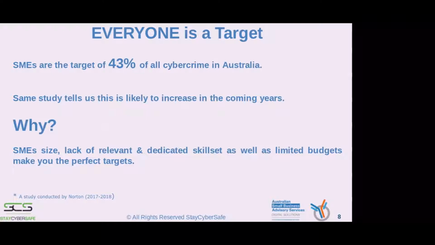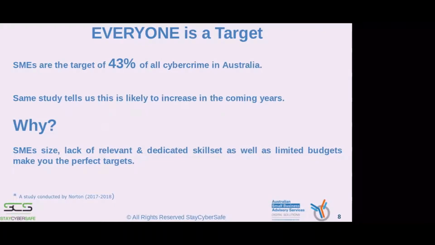So why do you think SMEs are getting more and more targeted? Usually it's because of the SME size. So in an SME, you have a lower number of employees compared to big enterprises, and the few employees that you have in your small business will have access to a large amount of information, and this information is very often sensitive, confidential information.